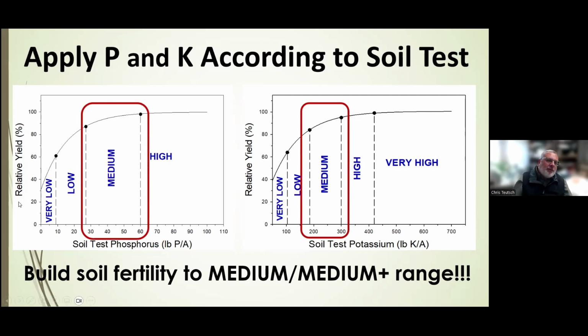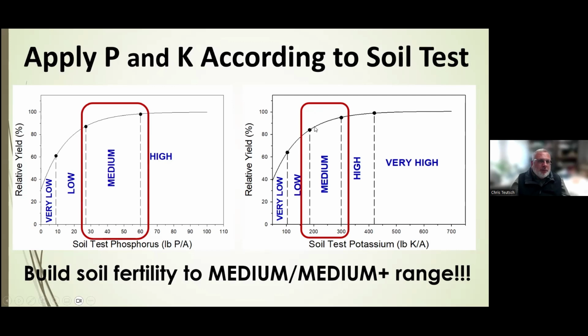And if you look at these graphs, on the y-axis here is relative yield. And then we have either soil test phosphorus or soil test potassium. What I want you to notice is that when we're in the medium range, we're doing pretty good in terms of our relative yield. We're coming close to 100% of our relative yield.